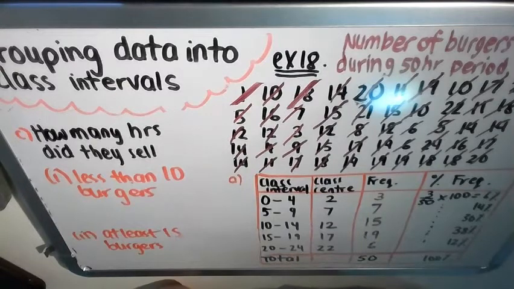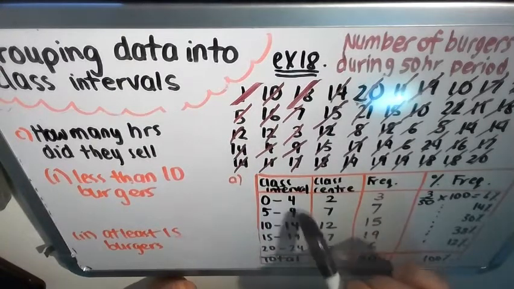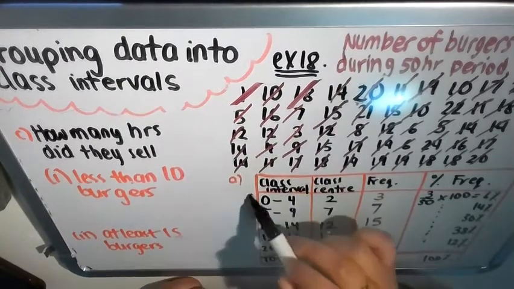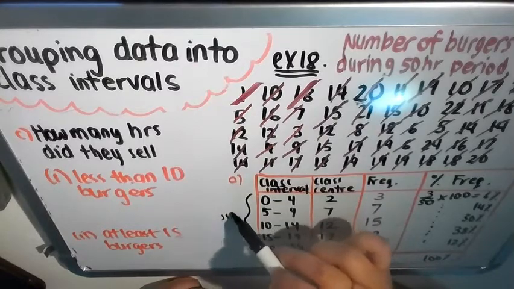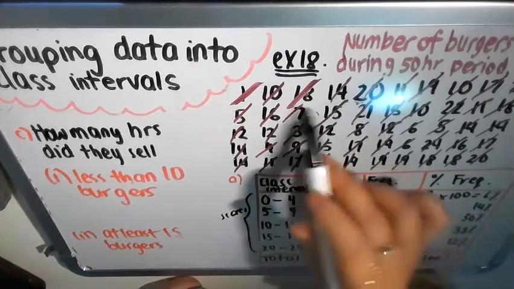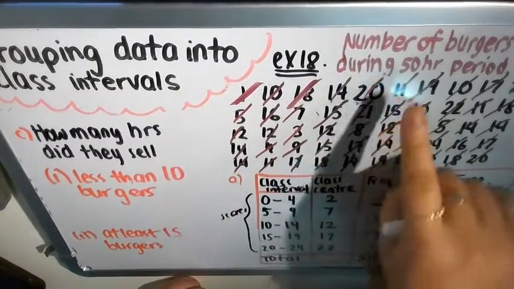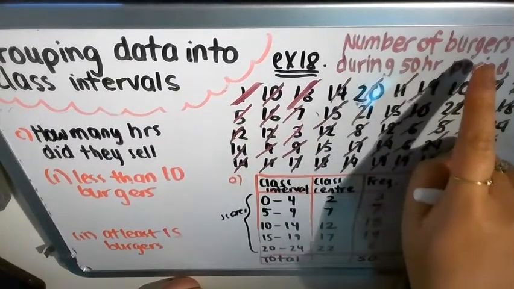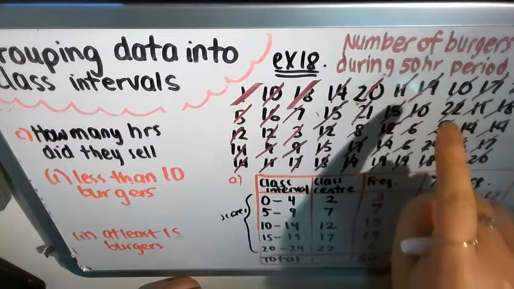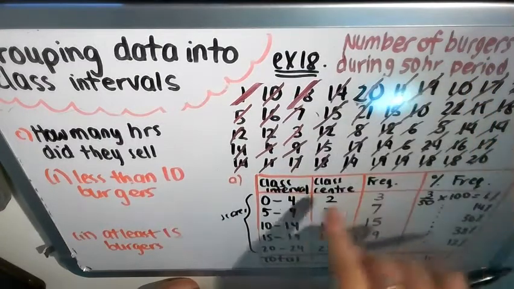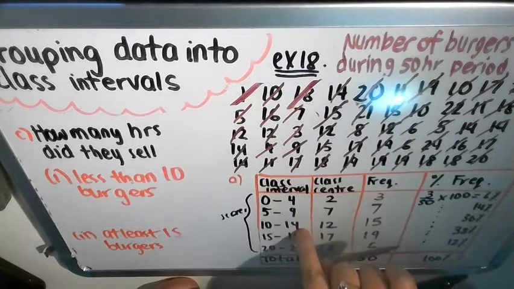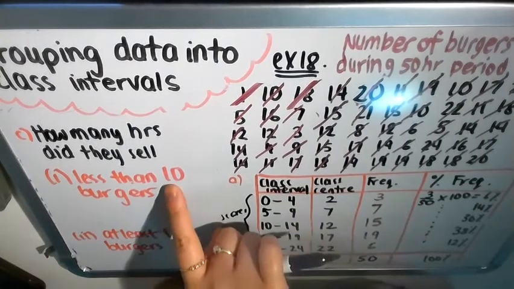Let's remind ourselves that these are our scores, which we've organized into classes, and they tell us the number of burgers sold each hour. So these tell us the number of burgers.